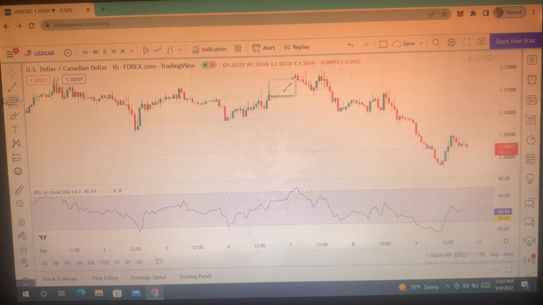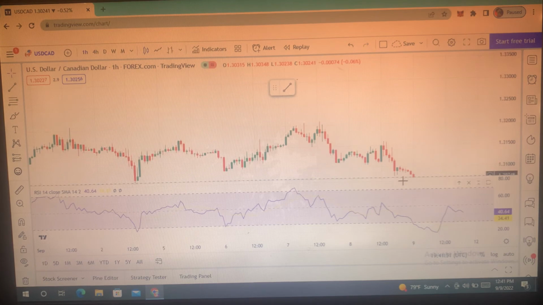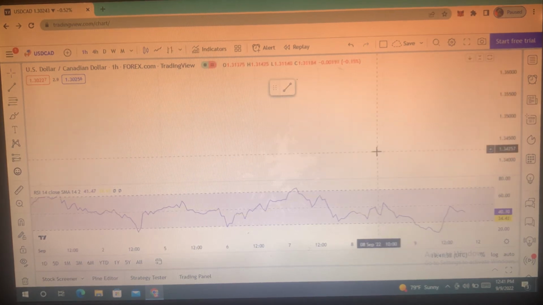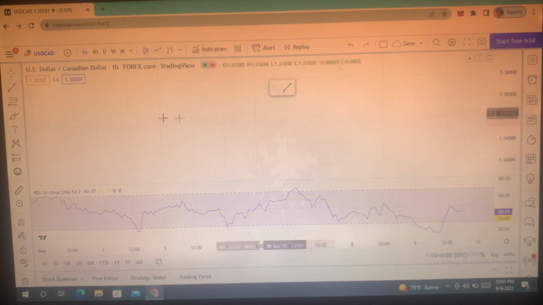You can draw a trend line. Okay, let's do this. Normally I don't do this, but because I want you guys to understand what I'm doing. If you notice, markets always do this move.